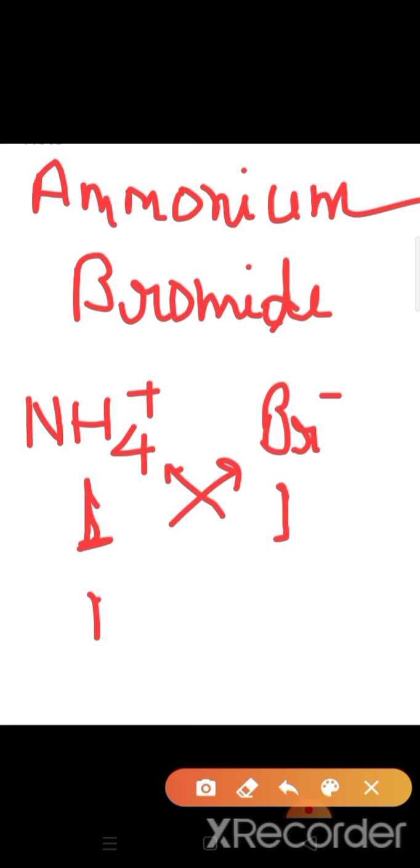Next one, ammonium iodide. What is ammonium iodide? Ammonium is NH4 positive.